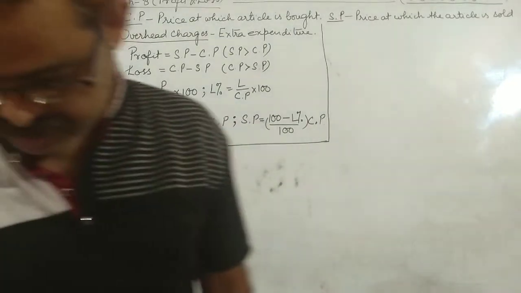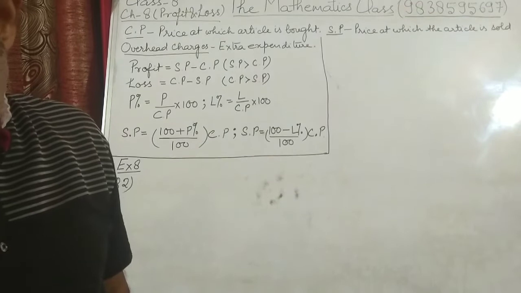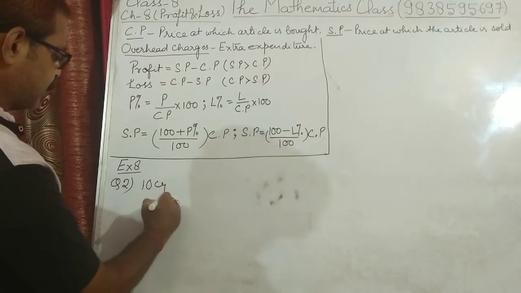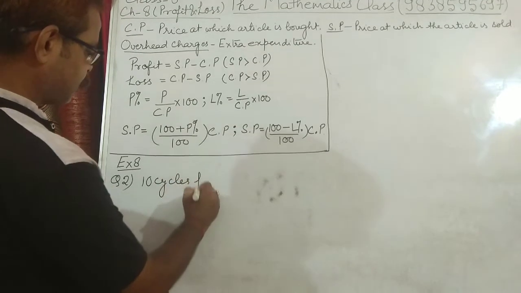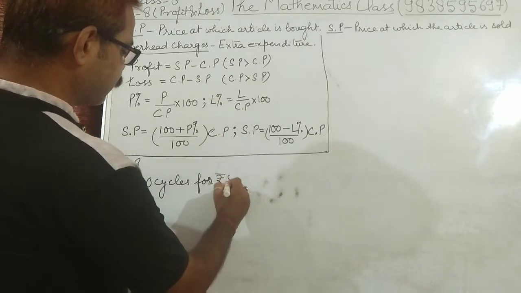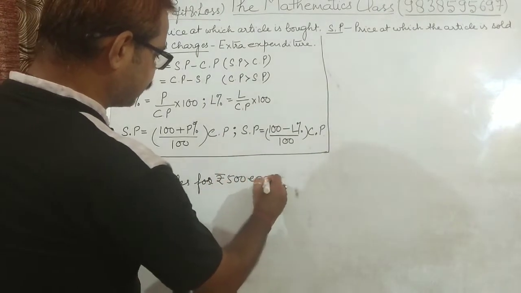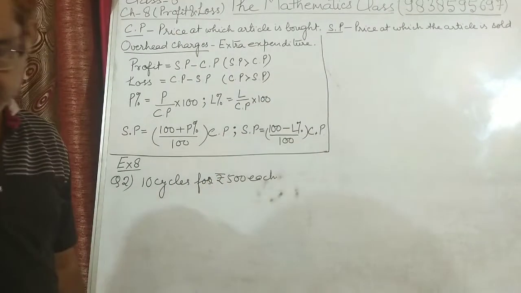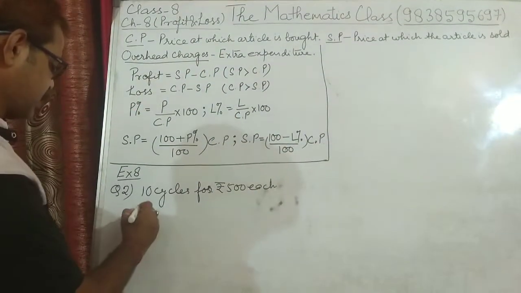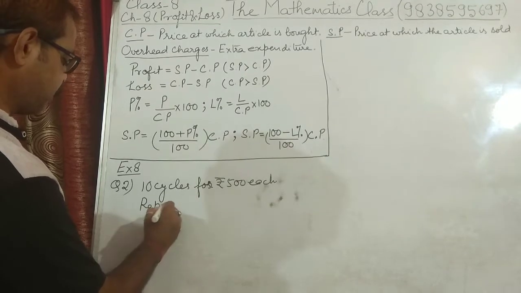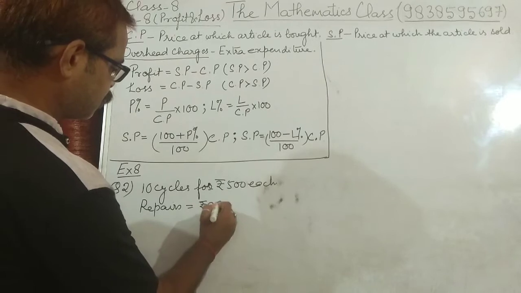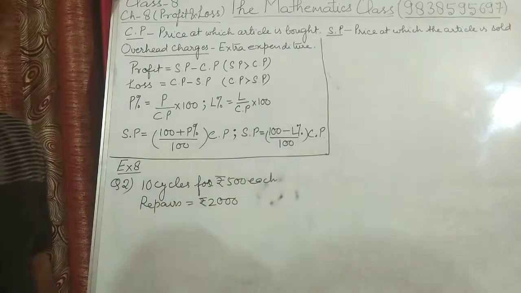In question number 2 they say Ramesh bought 10 cycles for rupees 500 each. Then what do they say? He spent 2000 on repairs. Repairs means overhead charges, rupees 2000.